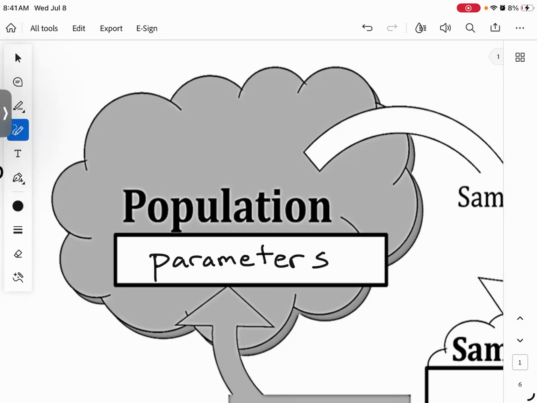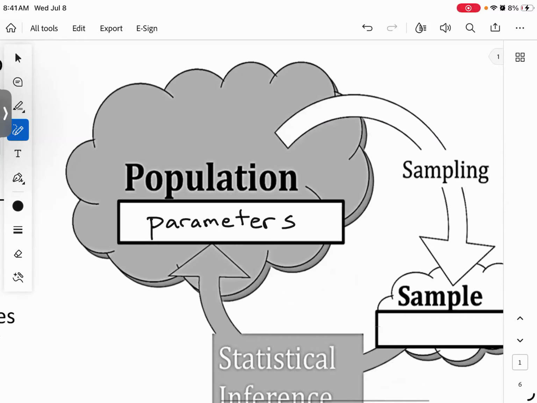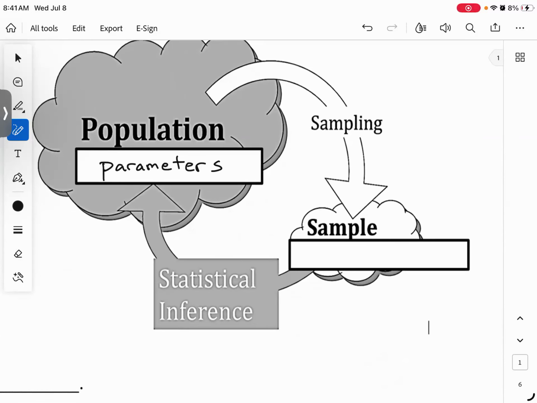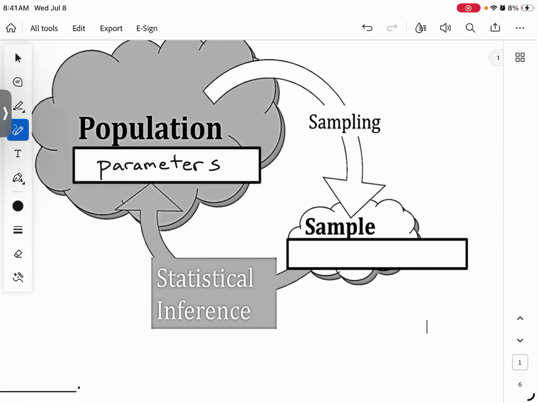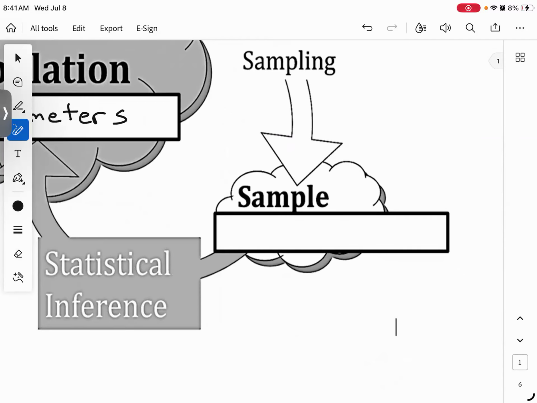Now, since there are often too many people in your target population to study, and it's just you on your lonesome, Plan B is to do just a sample and let that sample give you a good idea of what might be true about the bigger population. You might do 50 people, or 100 people.